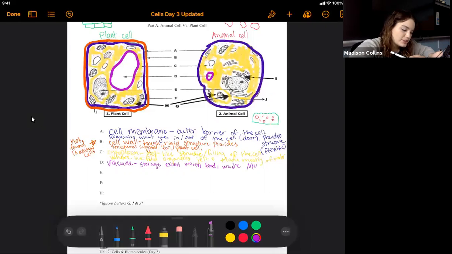So it's much larger in plant cells because plants have to hold on to more water.